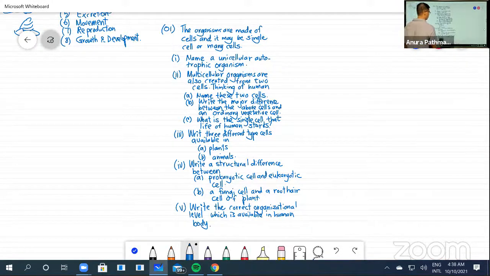Write three different types. Write a structural difference between. I know that you can't score the total marks given to this question.